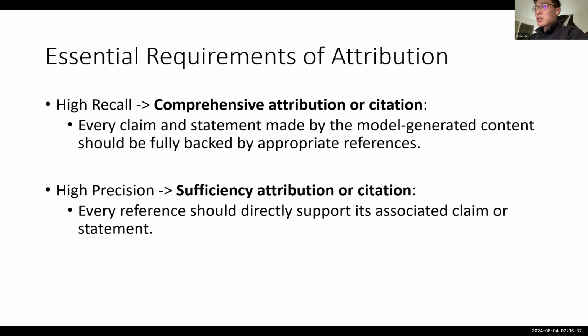Let's suppose your large language model made 10 statements, and what you want is that you could have 10 corresponding pieces of evidence that back up the content generated by your model, and you don't want to leave out any one of them, right? And that's about the recall. And as a paired metric, the precision just states that your attribution should be sufficient, which means your retrieved content should be to the point or relevant to your claim.